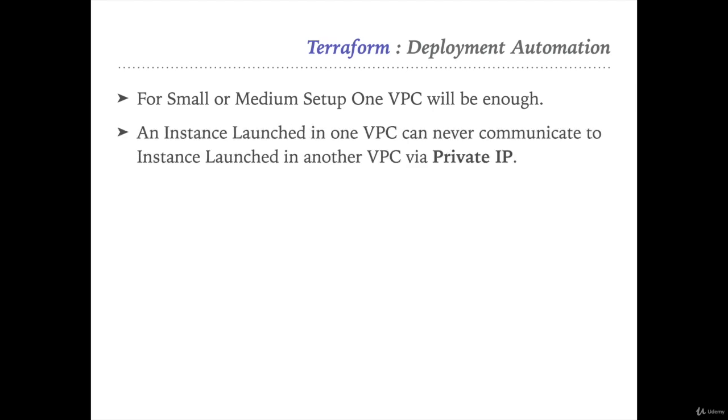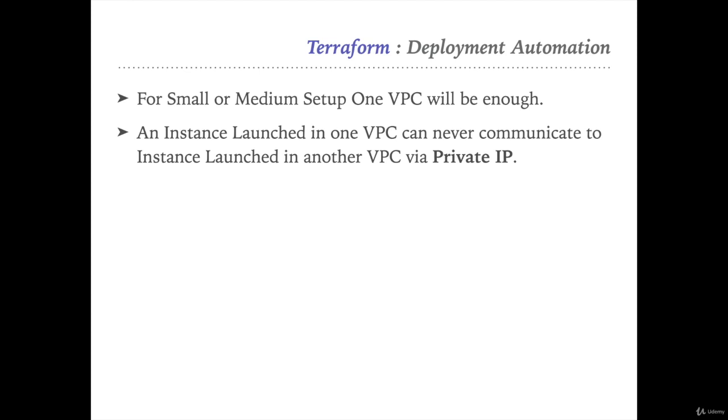An instance which is launched in one VPC can never communicate to an instance launched in another VPC via private network. Suppose we have two VPCs, VPC A and VPC B. Some instance called C is launched in VPC A and some instance called D is launched in VPC B. Both instances are using different VPCs. Now suppose instance C wants to communicate to instance D, right?